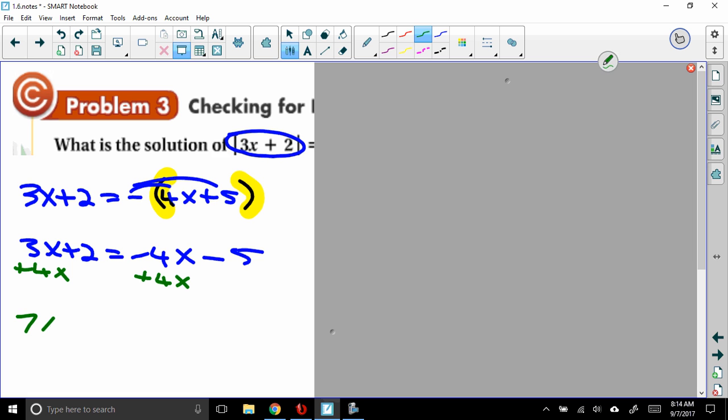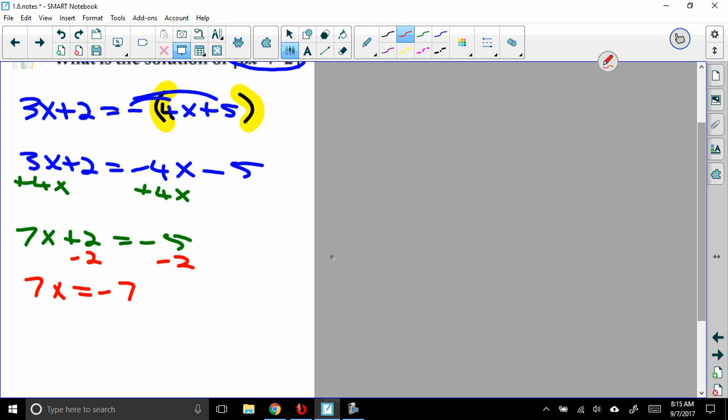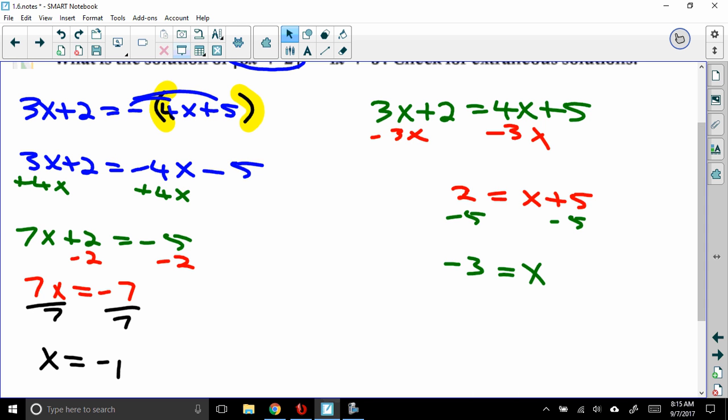So I get 7x plus 2 equals negative 5. So I guess then we'll have to subtract the 2. So we'll get 7x is negative 7. And then we divide by 7. So x is negative 1. So we get 2 answers. We get x is negative 1 and x is negative 3.